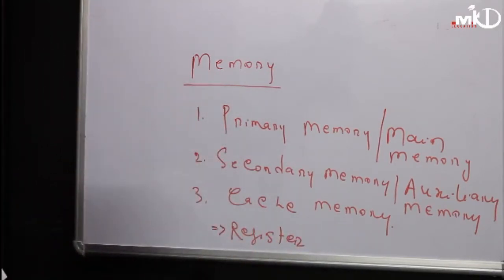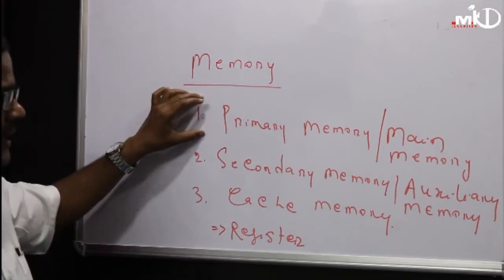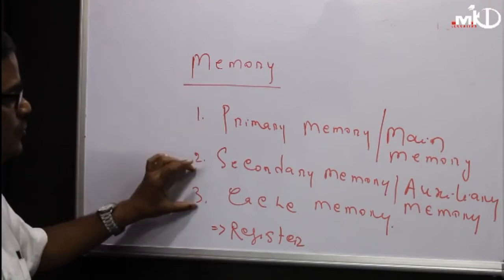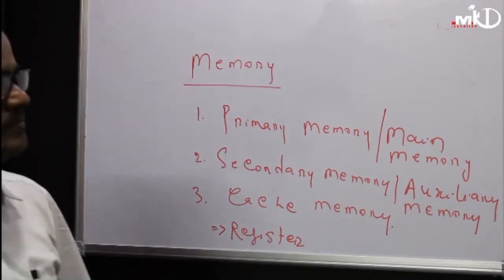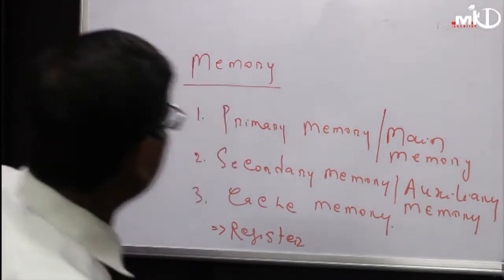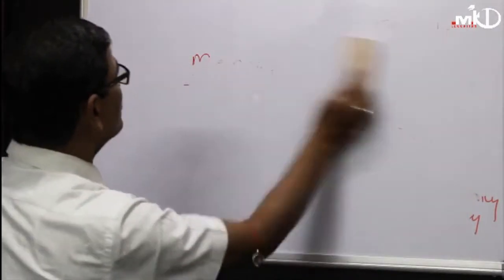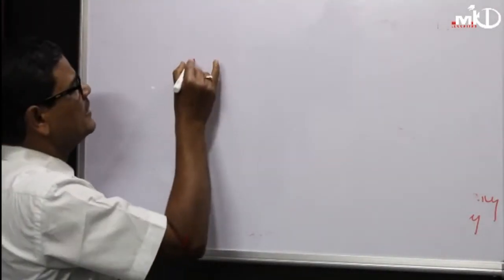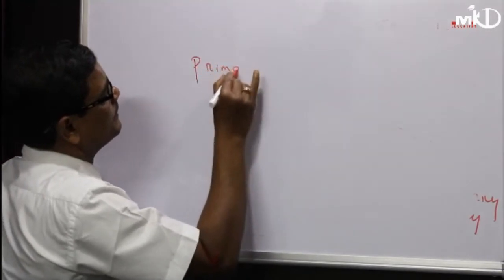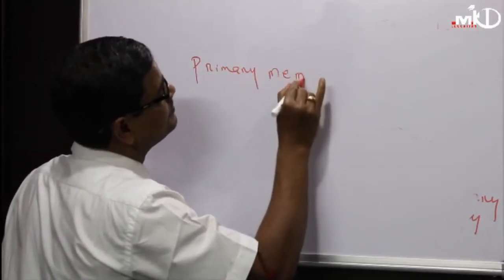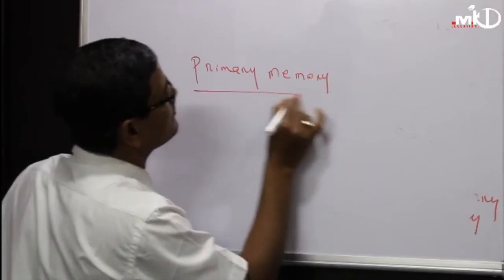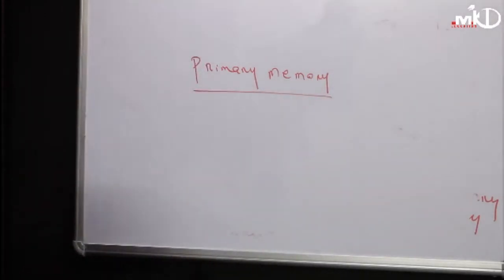Normally the entire memory we can classify into three main types: the primary memory, the secondary memory, and the cache memory. If we discuss the primary memory, further we can divide it into two types, that is RAM and ROM.